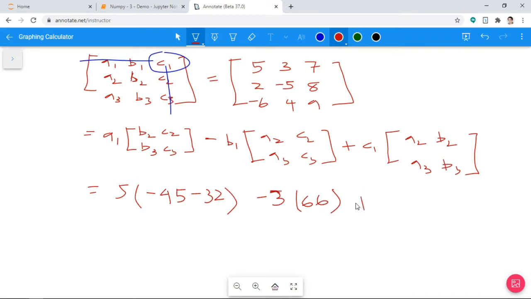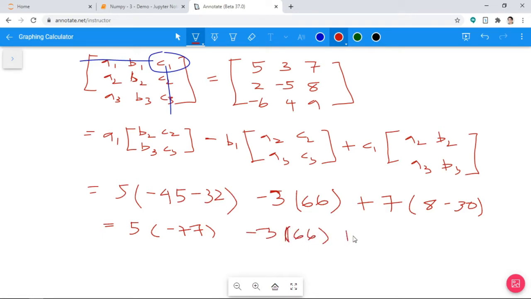Next one, plus, we have C1, which is 7. So I got A2 and B3, so this one is 8 minus 30. So we have 5 times negative 77, minus 3 times 66.